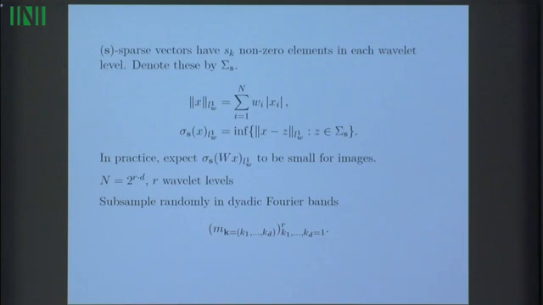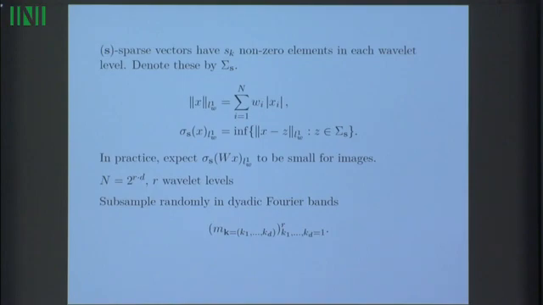So this is the lowercase sigma_s(x). So in practice, if I let W be the wavelet transform, I expect sigma_s of Wx to be small for images, right? So you should think of, for the rest of the talk, this thing here being very, very small. And I'm going to consider r wavelet levels in a d-dimensional image, and then subsample according to dyadic Fourier bands.